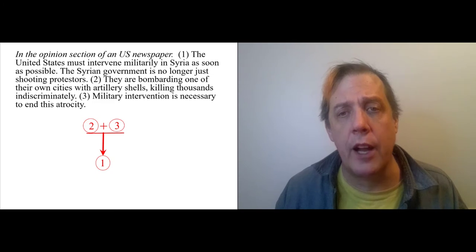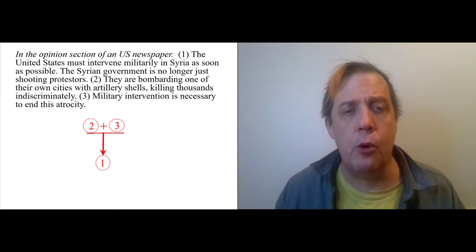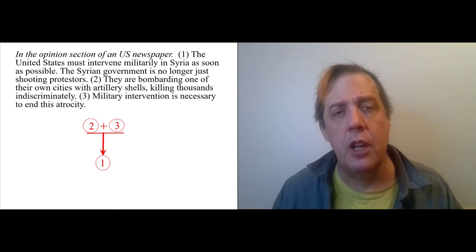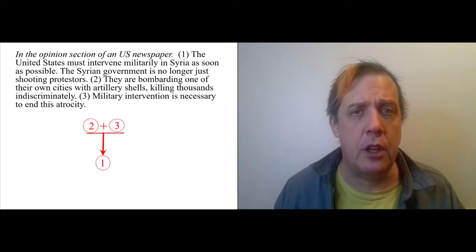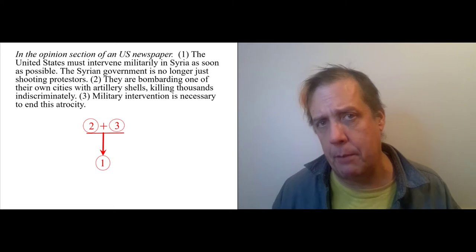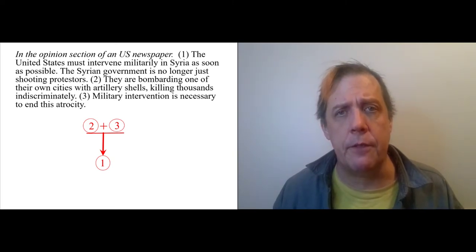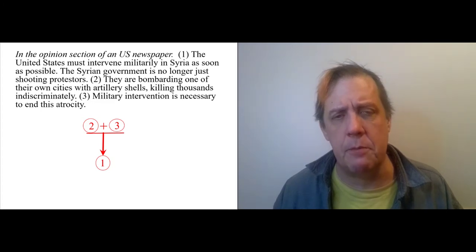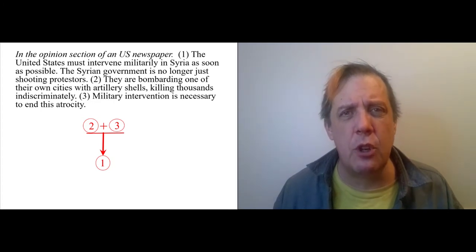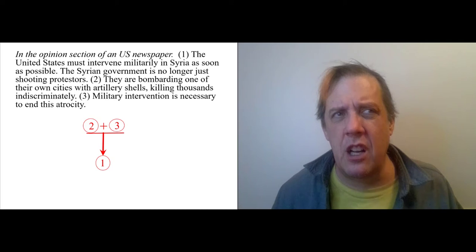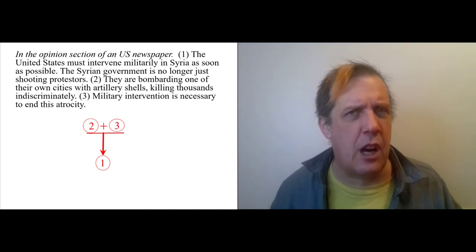Statement 2 requires statement 3 before you can really have an argument. And what the standard of proof here is unclear, because this is a public debate in a newspaper, and so what level of proof you need for different situations is never really spelled out. But we can just sort of assume enough to convince the government to act.